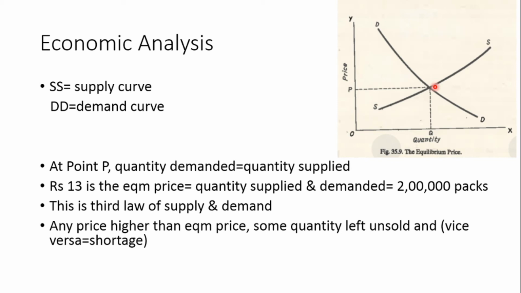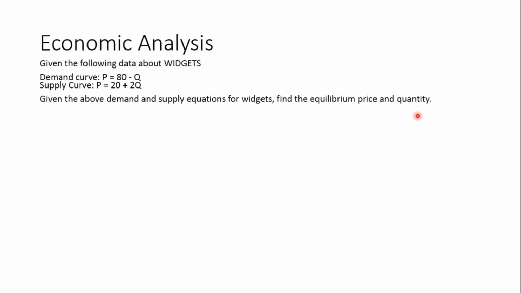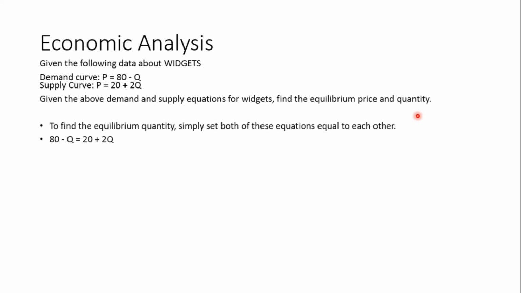At this point the equation for both curves remains the same, so we can equate these equations: 80 - Q = 20 + 2Q, and we can get the value of Q. By equating, the equilibrium quantity we get is 20.